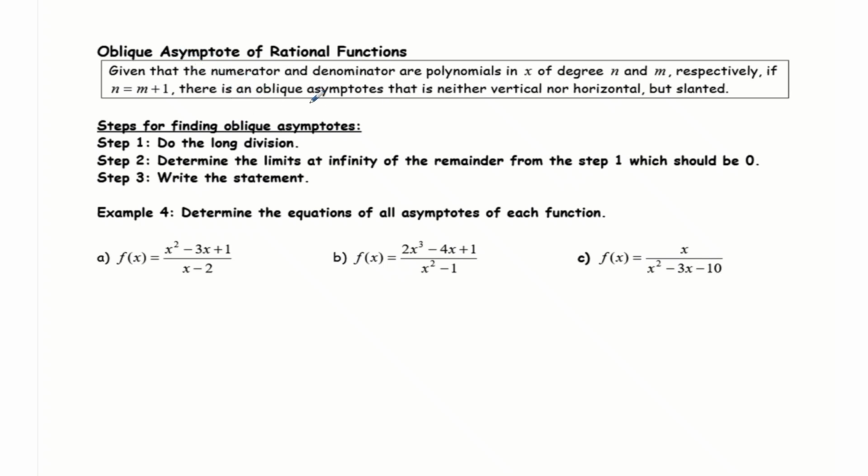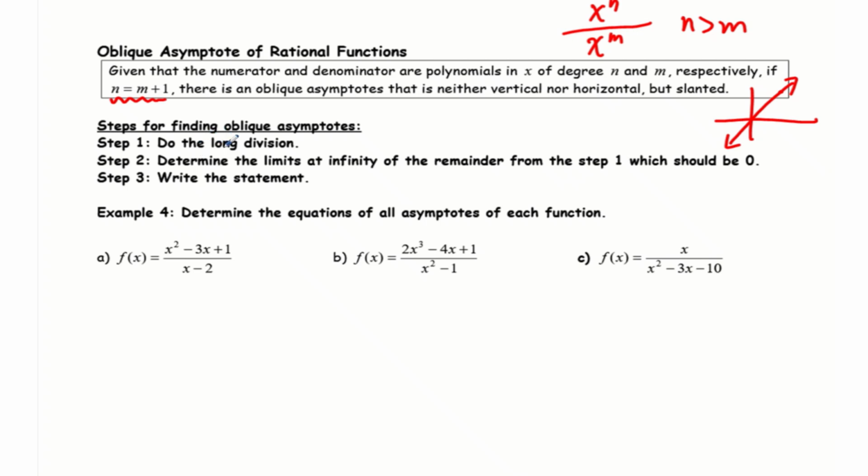Oblique means the numerator degree is higher than the denominator degree, n greater than m, but we only deal with n greater than m by 1. So it's not horizontal, but slant. It's a straight line, slanted.